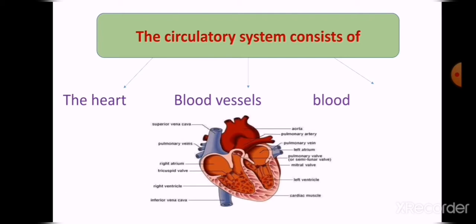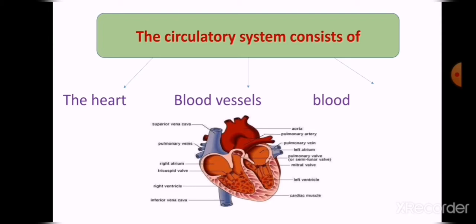The blood vessels, junior 5, are the pipelines. They are the tubes or the pipes where the blood flows inside. So again, the circulatory system consists of the heart, blood vessels, and blood.